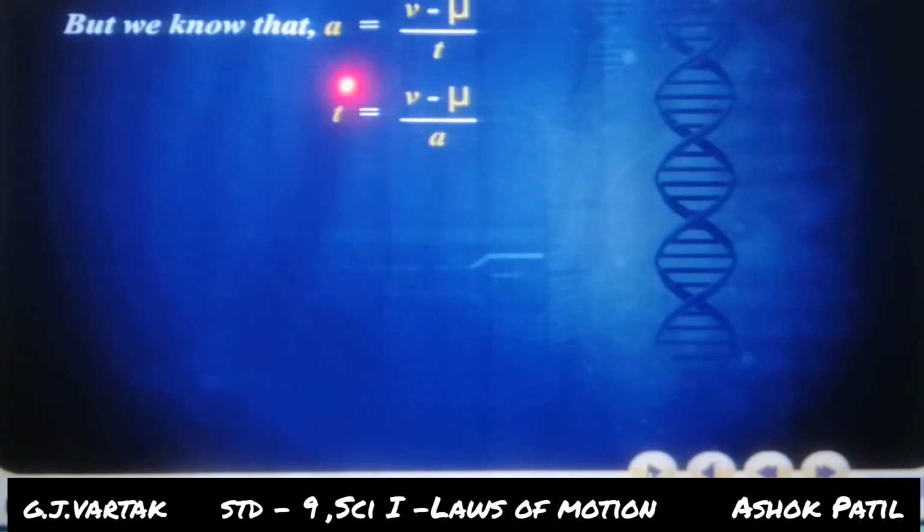Then t is the denominator here, coming to this side as multiplication, and a is a multiple here, coming to this side as division. So t is equal to v minus u upon a.